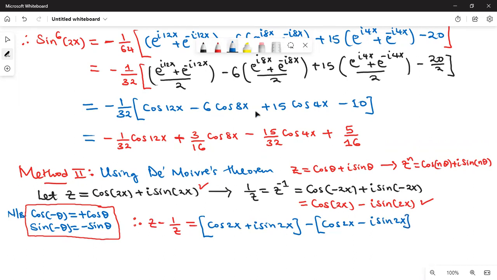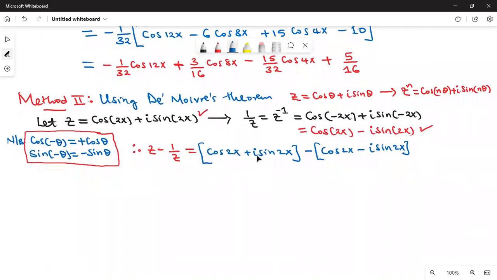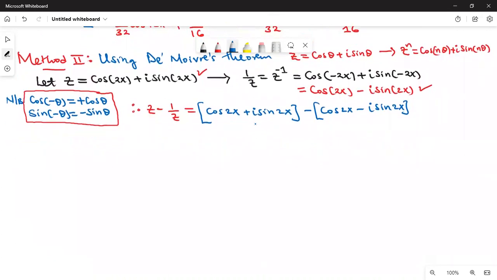I am subtracting because I need sine 2x, because I want to make sine 2x the subject. If you had added, you would have found cos 2x. But in this case, we need sine 2x. So when you subtract, of course, the cos 2x will cancel. We get 2i sine 2x.